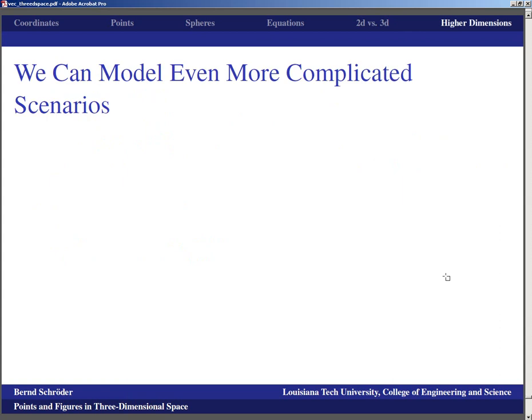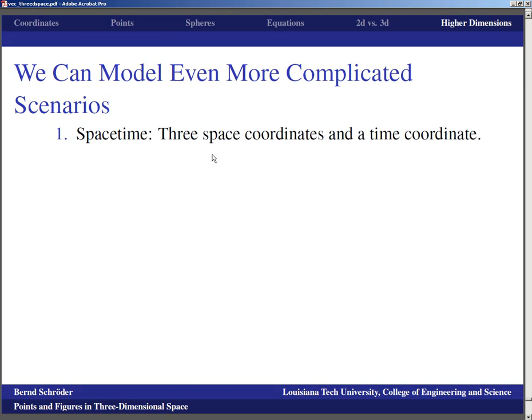All right, so the other thing that happens is we can model even more complicated scenarios. For example, we can model space-time, which would be 3 space coordinates and a time coordinate. And so basically, for our purposes right now, that's basically a movie. That's a 3-dimensional picture that moves, right? Because a 3-dimensional picture gives you the coordinates of the objects that you're interested in, and the movie then tracks just how these objects move over time.